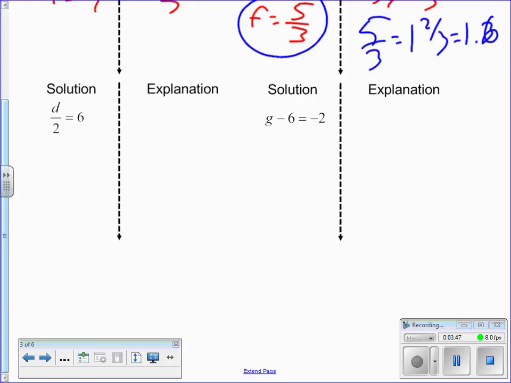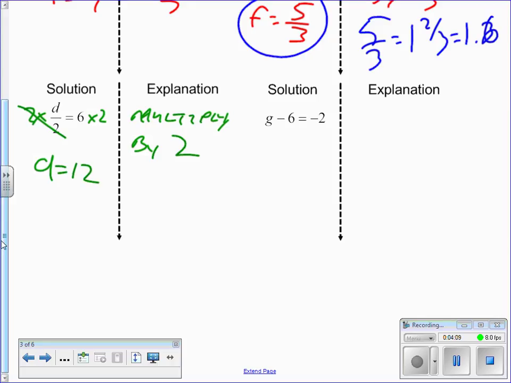Extend the page, move this up. So d over 2 is d divided by 2. What do I do to solve this? I multiply both sides by 2. Multiply by 2. These cancel. D equals 12.